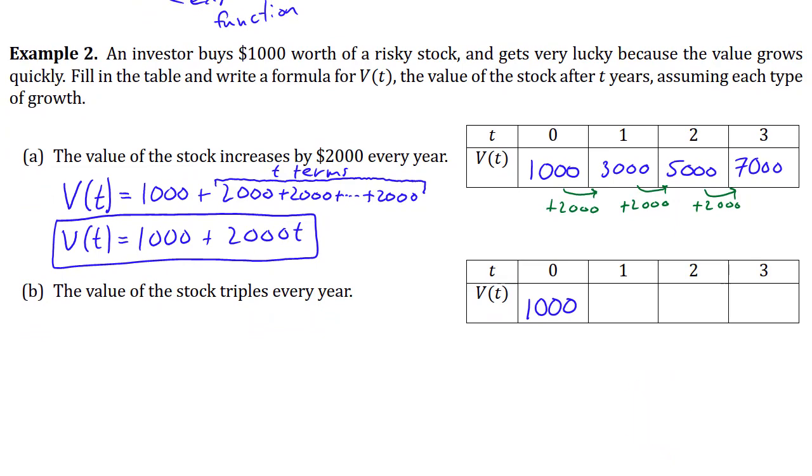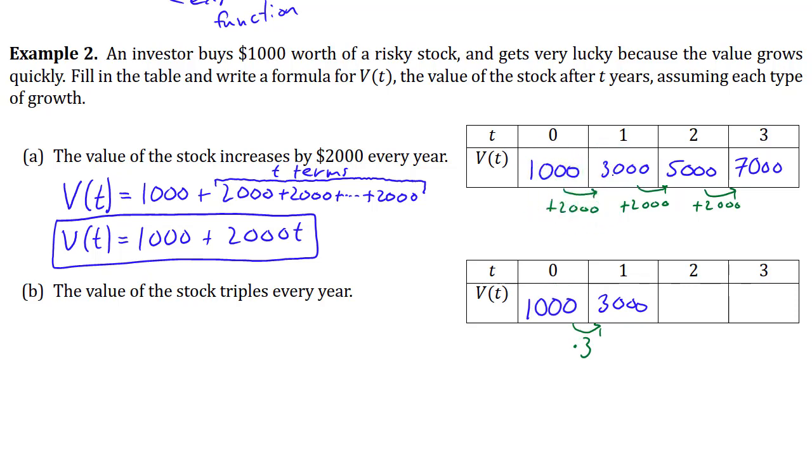Now, let's look at the value of the stock when it triples every year. So if it starts at 1,000 and triples, 1,000 times 3 is going to be 3,000. And at this point, you notice that's the same as it was if it goes up by 2,000. 1,000 times 3 is the same thing as 1,000 plus 2,000.